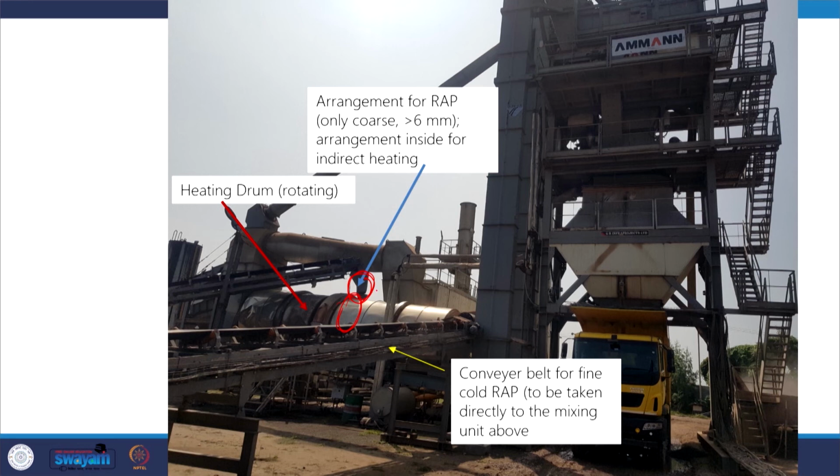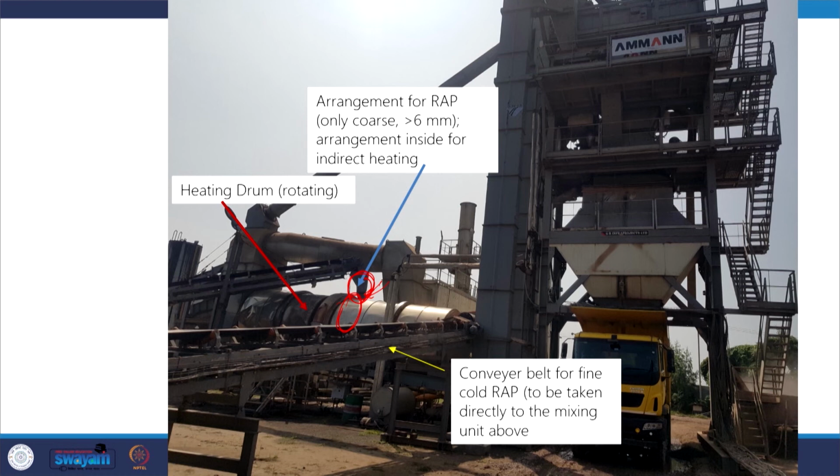And this system is applicable, they have made this system for only coarse RAP, the reason being the coarse RAP has lower binder content. If they had inserted even fine RAP here, this could lead to choking of the drum, which is not desirable, and therefore, only the coarse RAP is heated in this form.